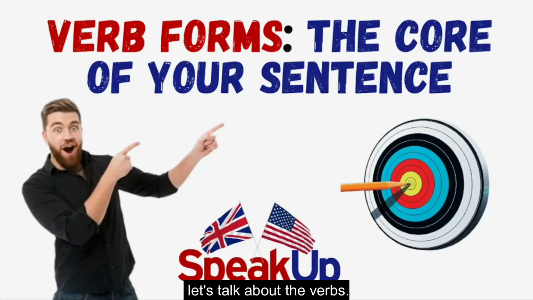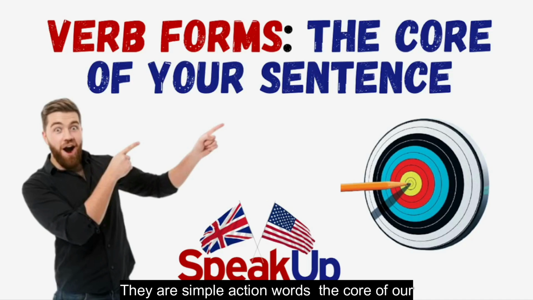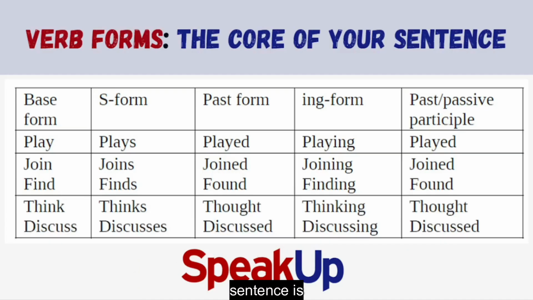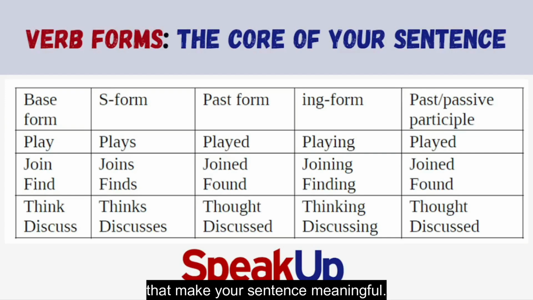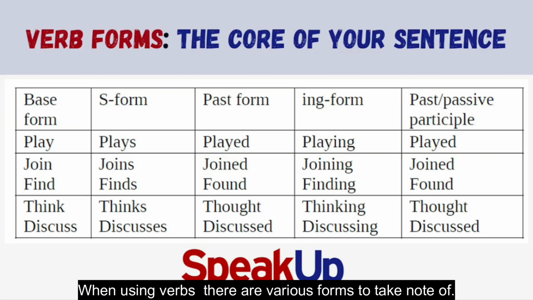But first of all, let's talk about the verbs. They are simple action words, the core of our sentences. But you have to pay attention. Verbs are simply action words that make your sentence meaningful. When using verbs, there are various forms to take note of.